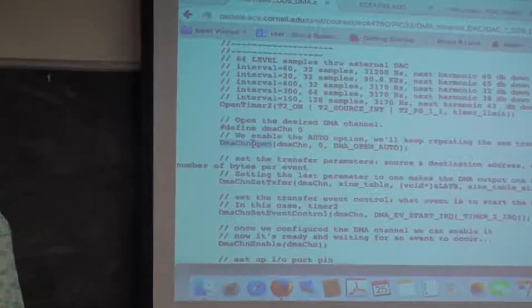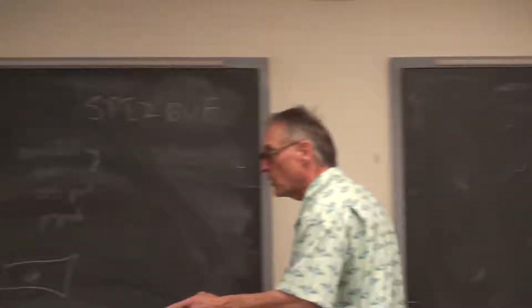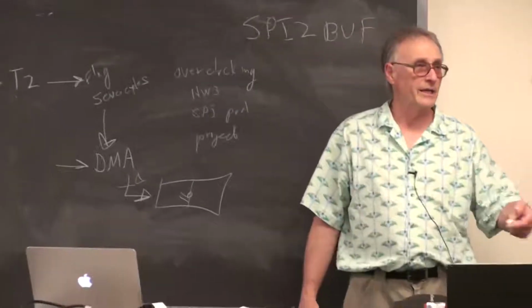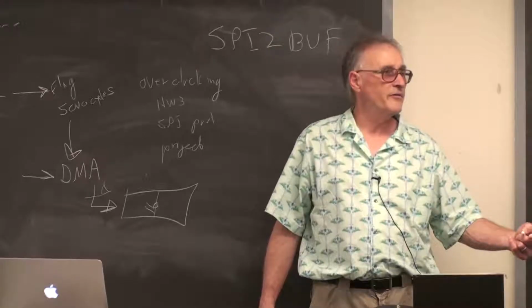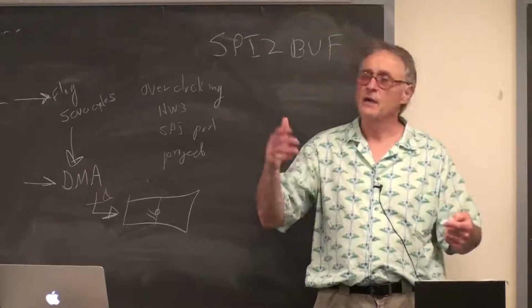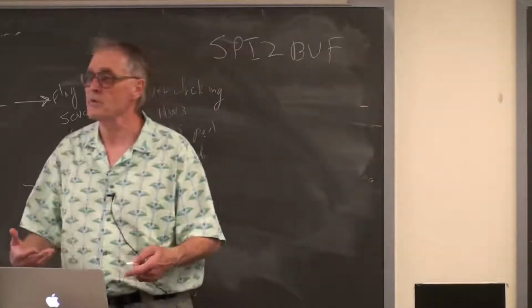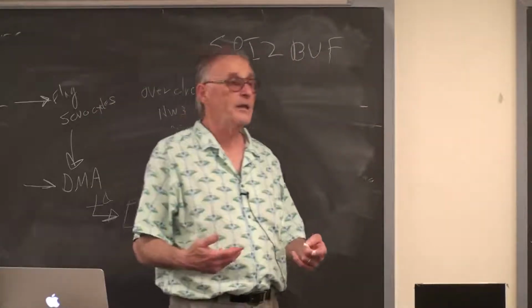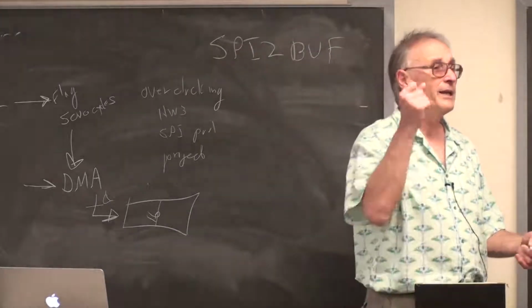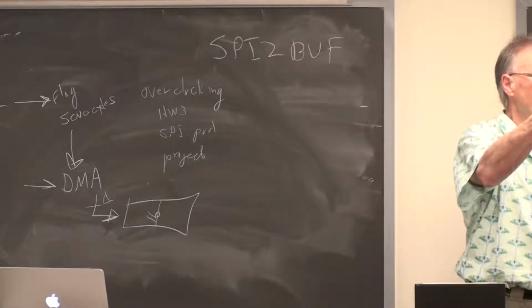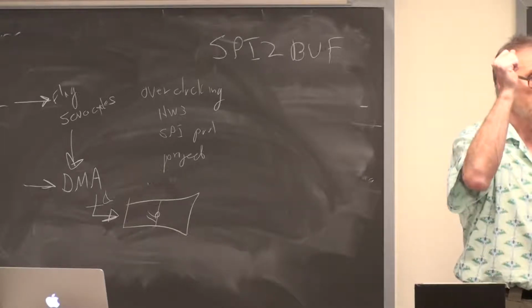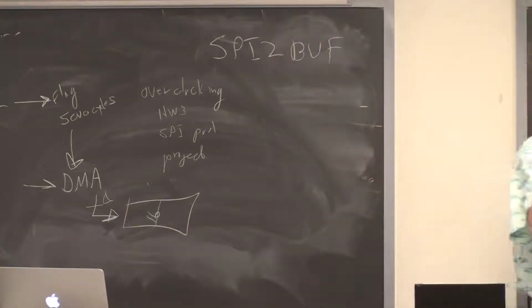You are probably going to actually enable the DMA channel in a thread. When there's an event that occurs, a ball impact, a ball going off screen, some event you want to emphasize with a sound, in a thread, you're going to enable the channel and immediately the sound will start playing. If you open in auto mode, it will play until you disable the channel manually.